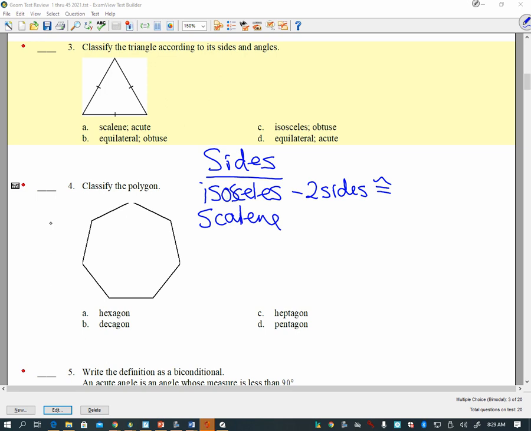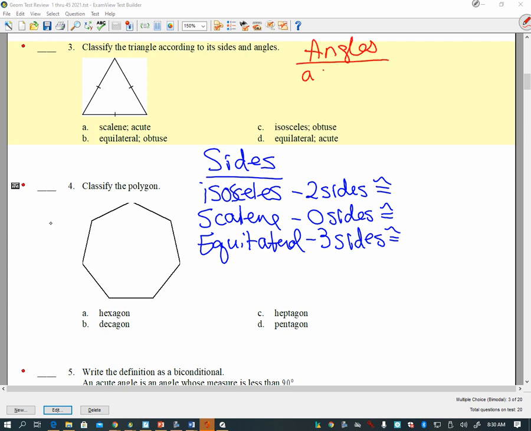What does scalene mean? 0 sides congruent. Okay, what's another one? Equilateral. What does that mean? 3 sides or all sides. Okay? All right, what about angles?